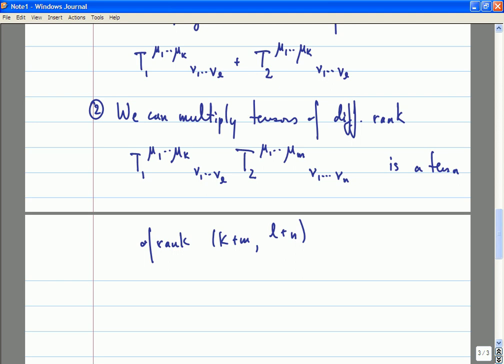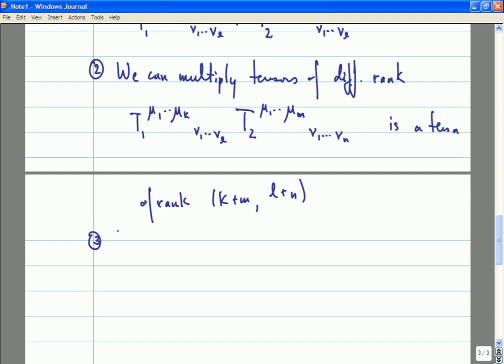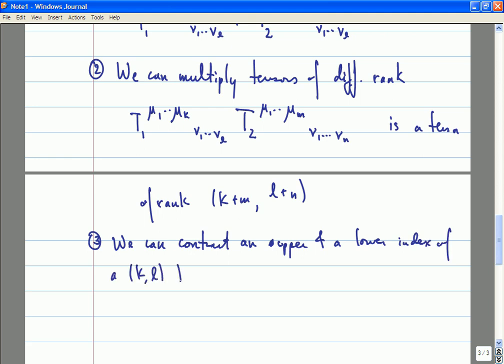Finally, the third operation that we're already familiar with is that we can contract the indices. In particular, we can contract an upper and a lower index of a rank (K, L) tensor to get a tensor of rank (K minus 1, L minus 1).